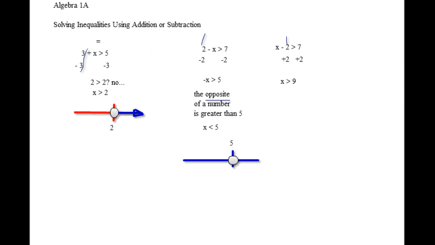Okay, and so if the opposite is greater than 5, so this was the opposite of a number, then the actual number has to be going the other direction. And so that's why we focus on going the other direction. Okay, so it's really interesting how that one works.